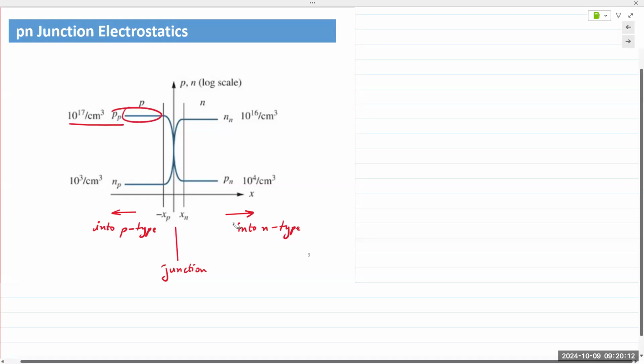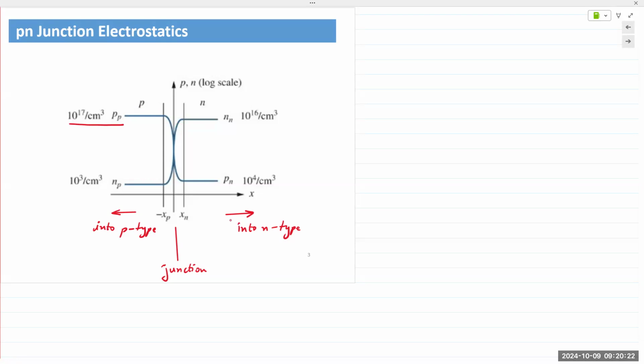Okay, and then on the N side, the concentration of electrons is constant right there. We don't care about what happens farther away from the junction. Right now, we're only concerned with what happens at the junction.